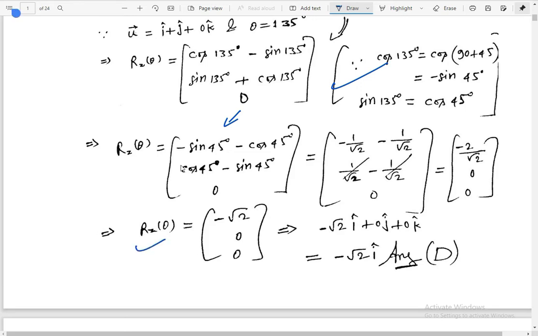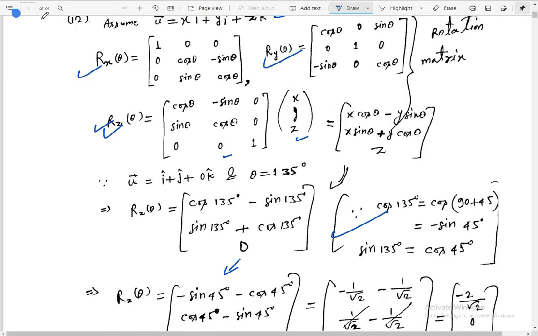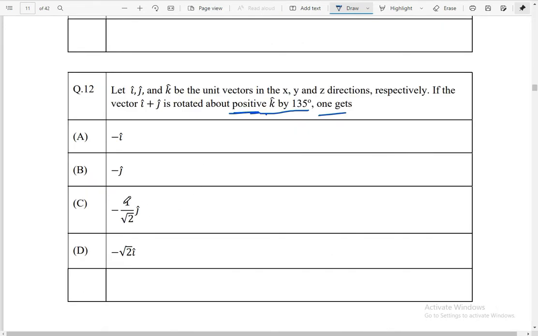So this is i, j, k, that is x, y, z, if we compare with x, y, and z. So minus root 2, 0, 0. So the final answer for Rz is equal to minus root 2 i. So this is the way to solve these questions. Minus root 2 i, that is D, is the right answer.